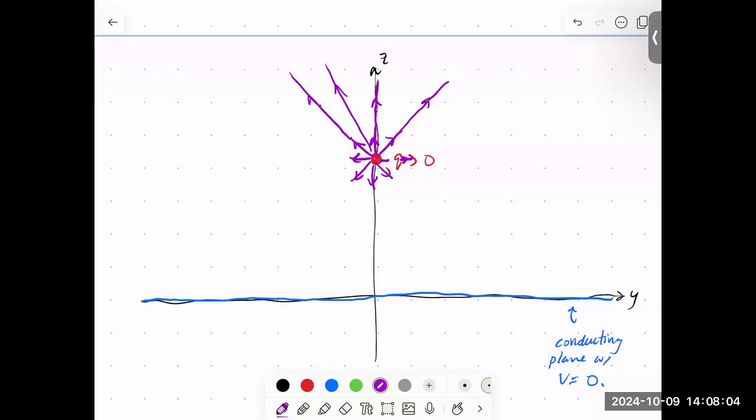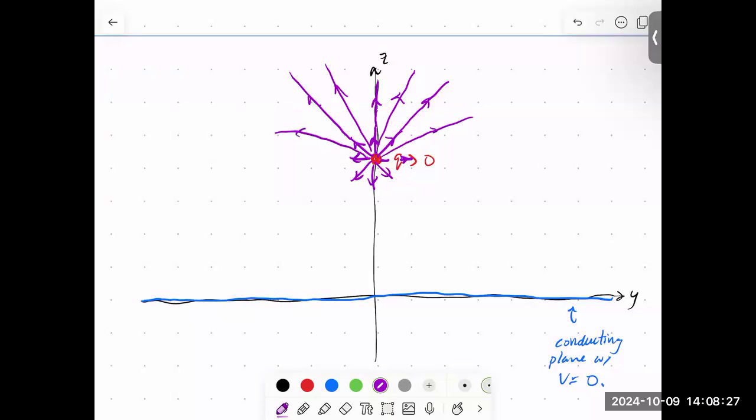Maybe I could put a few more in, something like that. Maybe we start to get a bit of distortion as we start getting closer to that plane. But so far, actually, I'm going to fix my distortion, something a little bit like this.